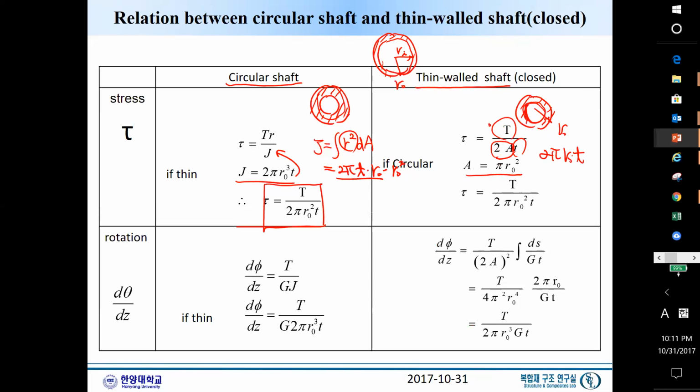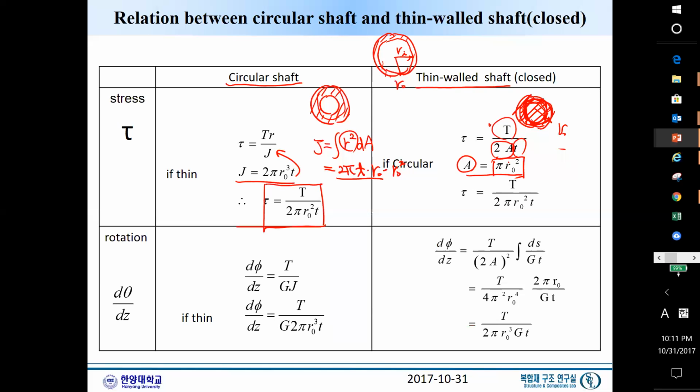This is very important: A is not just the cross section of the wall, it is the area enclosed by this closed loop, so pi times R0 squared.